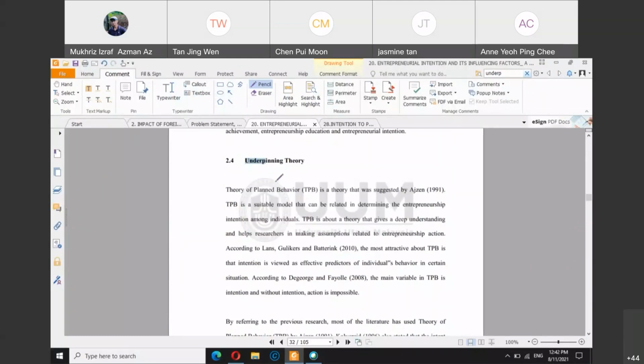So the theory of planned behavior, TPB, is the common theory used to discuss intention topics, as long as you do a topic on intention to become an entrepreneur or intention to purchase halal products, whatever.